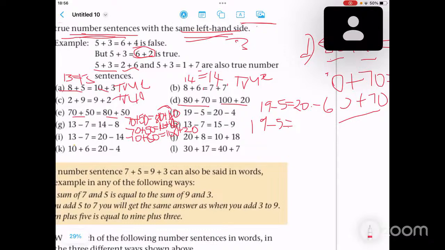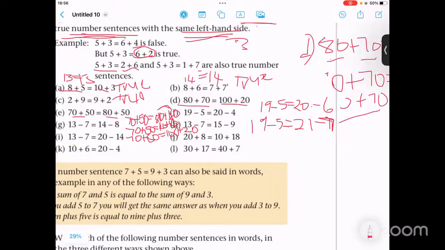So what you can do now, you can say 21 minus what? What can you minus 21 with for you to get 14? So you can minus it with 7. So that means it's also 21 minus 7. And again, you can say 19 minus 5 is equal to, you pick any number of your choice, ne?